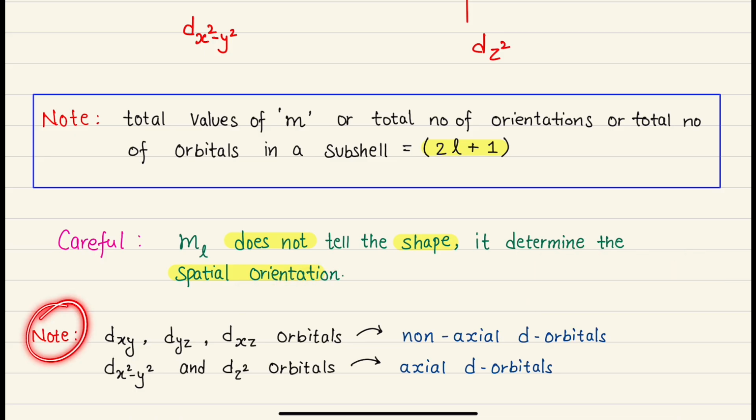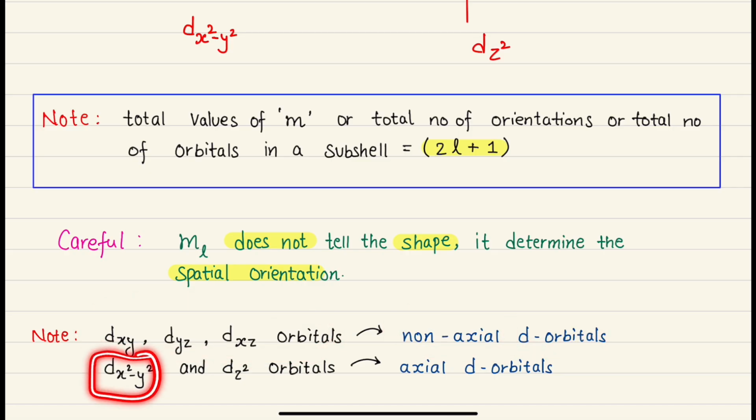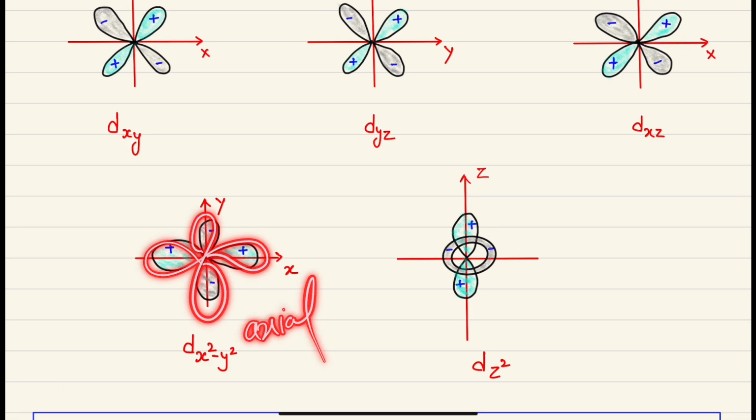Now note, dxy, dyz, dxz orbitals are non-axial d orbitals, but dx square y square and dz square are axial d orbitals. Why axial? Because all the lobes are on the axis, it is called an axial orbital. Here also the lobes are on the axis, so it is called an axial orbital.